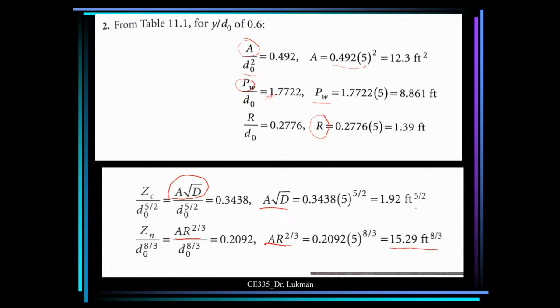Okay, this is the value, and look at the unit as well. Look at the unit. This has unit 5/2, and this one 8/3 because of this one as well. So the unit is very important here.